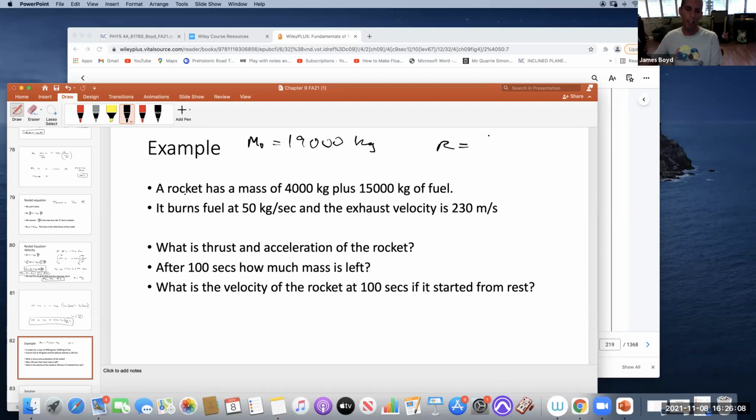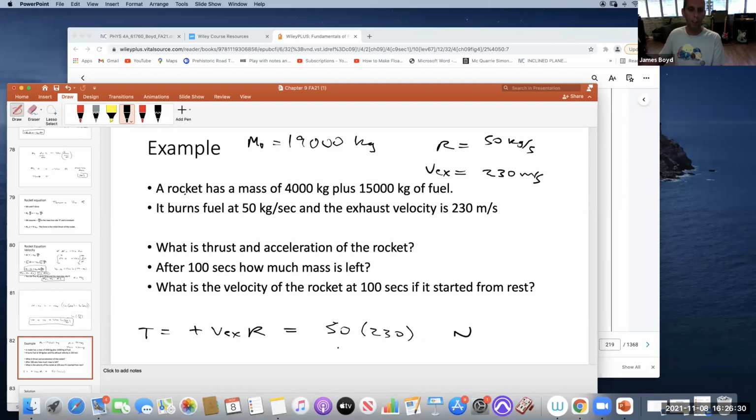R is our mass loss rate, kilograms per second, and VEX is 230, the exhaust velocity. The thrust is VEX times R, which is 230 times 50. I'll let you do that yourself in newtons.